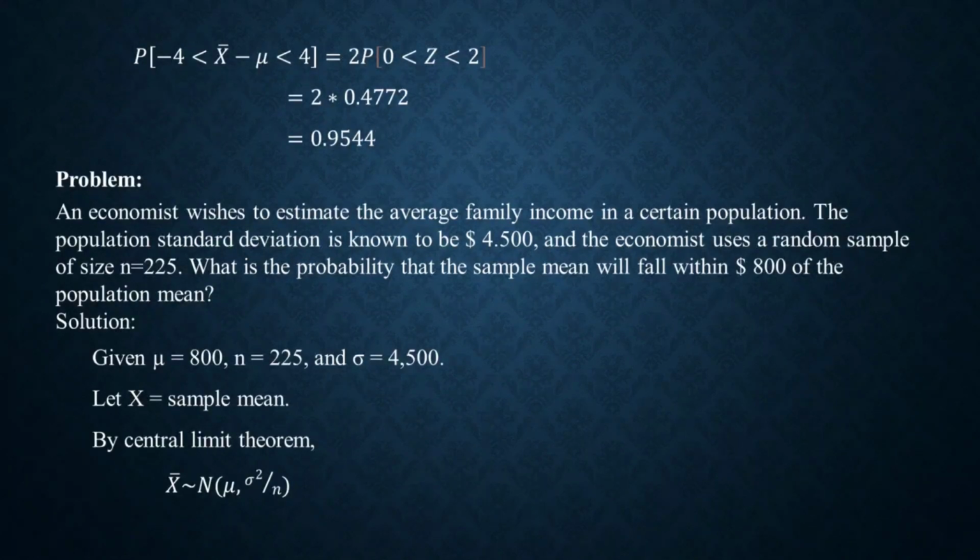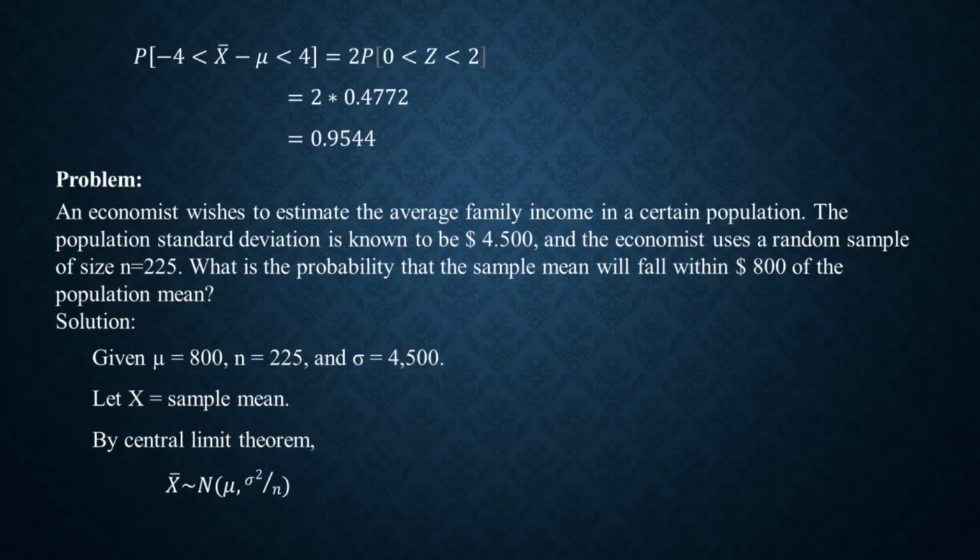Now instead of finding the negative side, we can replace it by the positive side of the normal curve. So we have 2 times P of 0 less than Z less than 2. Now the value of P of 0 less than Z less than 2 from normal distribution table is 0.4772. So we have the probability value as 0.9544, which is the required answer.